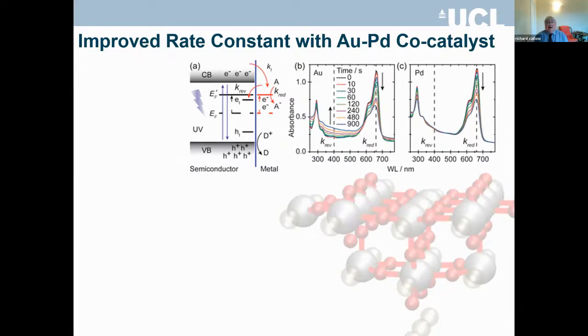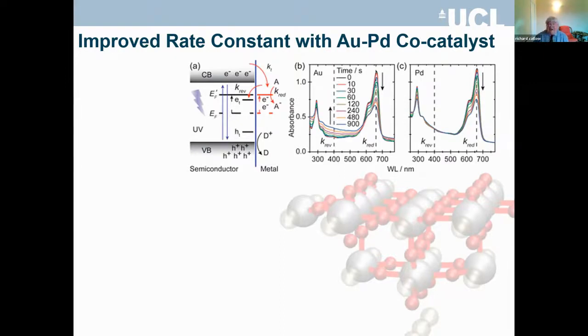And you can see this diagram already refers to these key rate processes. It refers to what we call K-rev, that is the rate at which electrons, once they've been transferred to the nanoparticle, return back to the conduction band of the TiO2. And then there is K-red, K-reduction, the rate at which electrons on the nanoparticle effect reduction of water to form hydrogen, or other hydrogen-containing material.